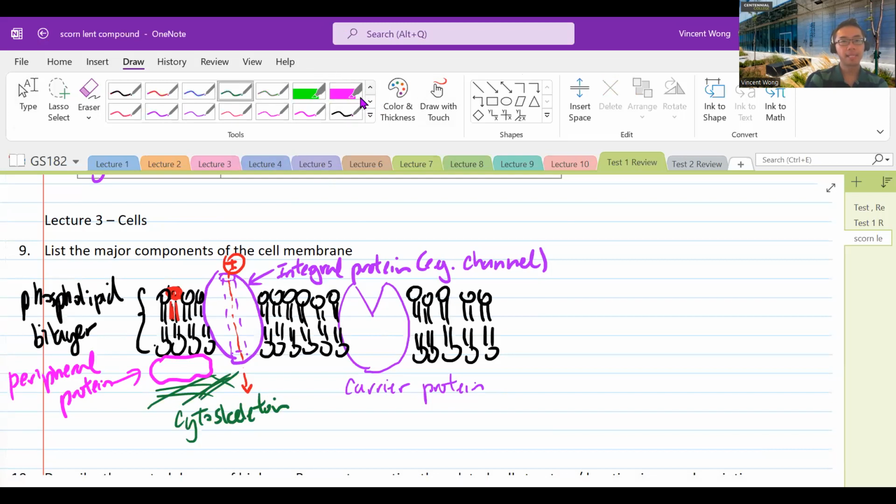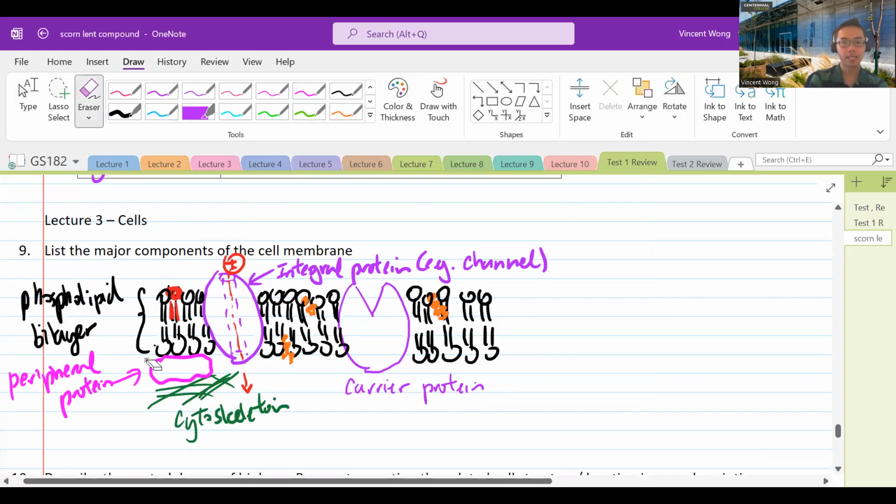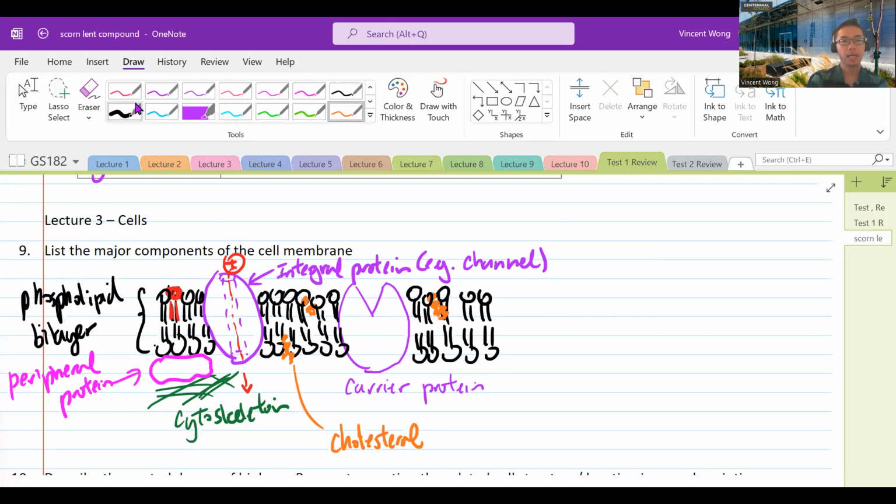One last thing that's missing here in our membrane is the cholesterol. Okay, so there's your cholesterol, and these cholesterol are also not static. They are able to move laterally, and cholesterol helps maintain the fluidity. Okay, and what crosses the membrane easily, right?